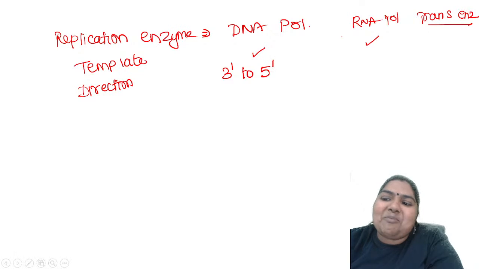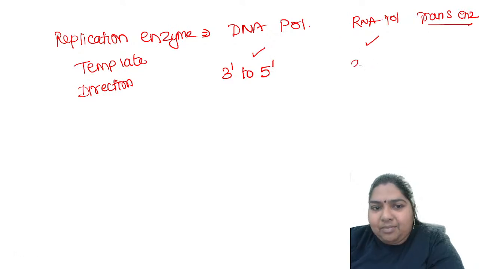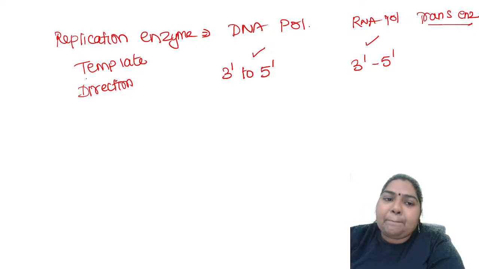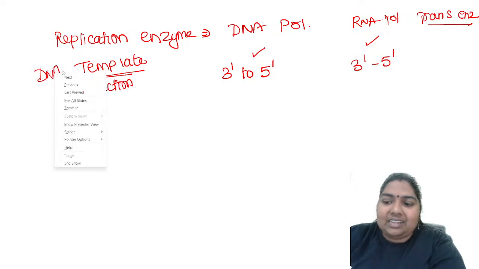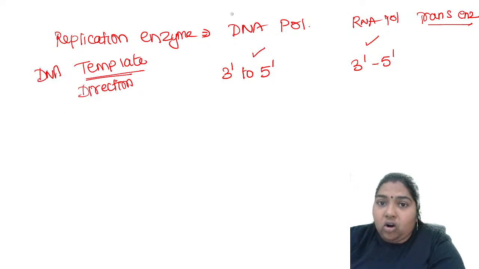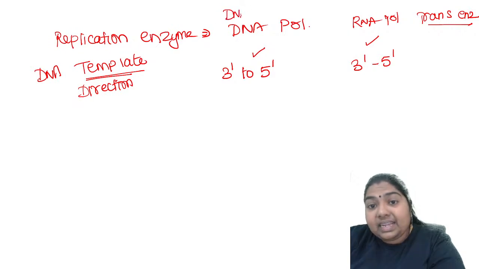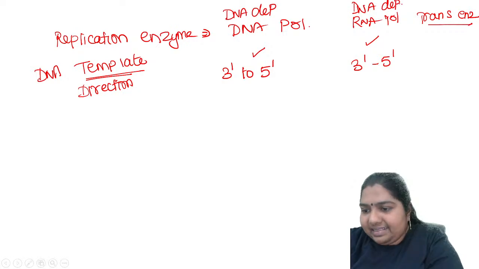What about RNA polymerase? Same, it is going to be 3' to 5'. What is the template nature? The template is going to be DNA. So I can call this DNA dependent DNA polymerase, and this is going to be DNA dependent RNA polymerase.